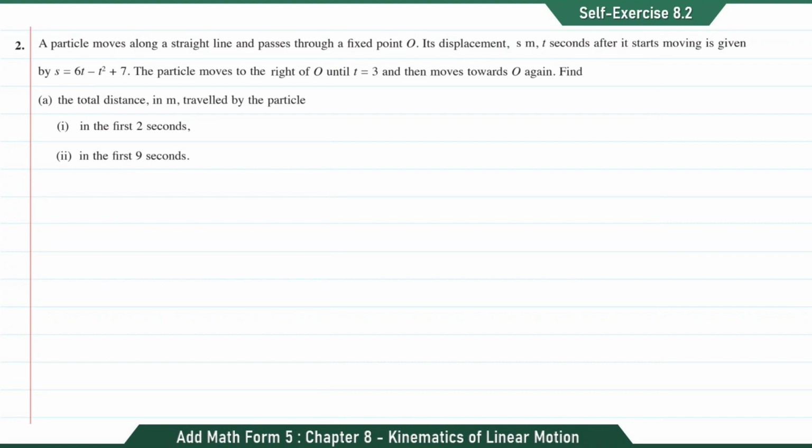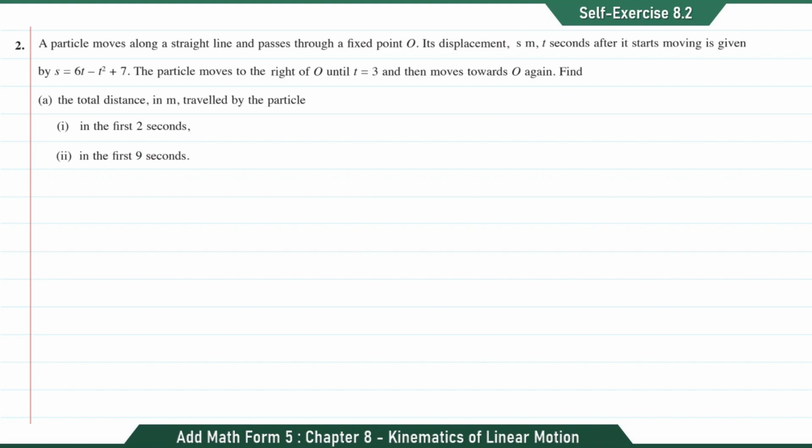Question number 2. A particle moves along a straight line and passes through a fixed point O. Its displacement in meters, t seconds after it starts moving, is given by s equal to 6t minus t squared plus 7. The particle moves to the right until t equal to 3 and then moves towards O again.